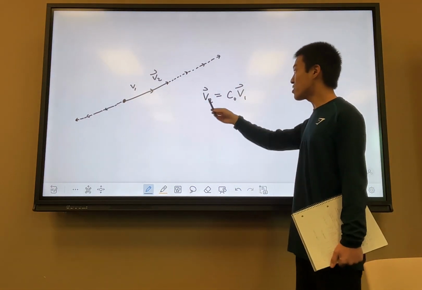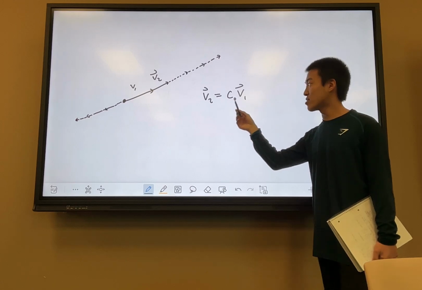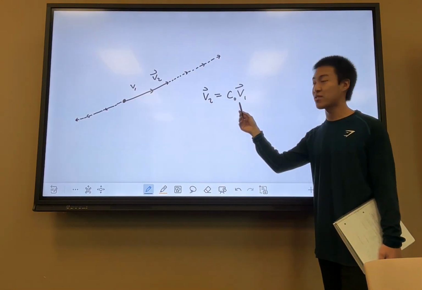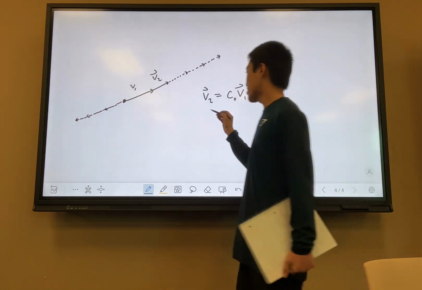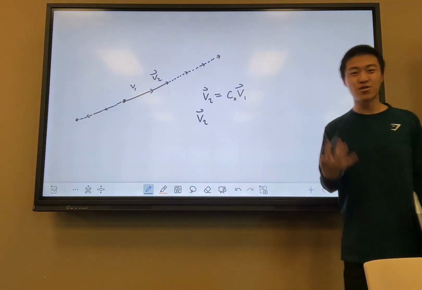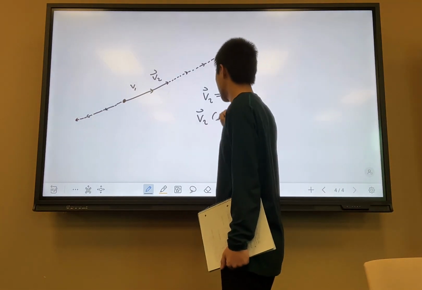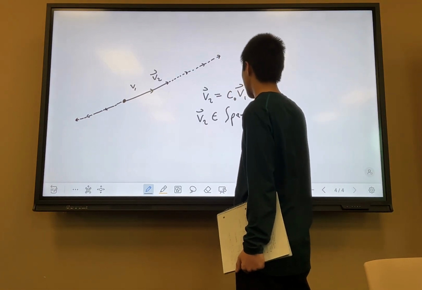Because if you can describe one of your other vectors as just being a scaled version of the other vector, in other words, a linear combination of the other vector, then really all you're saying is that this second vector isn't truly contributing anything. It's just a member, it's in the span of your first vector.